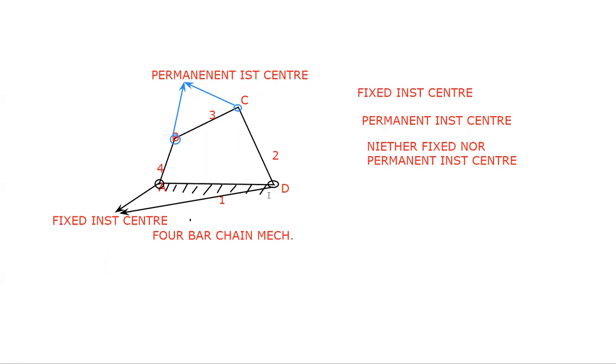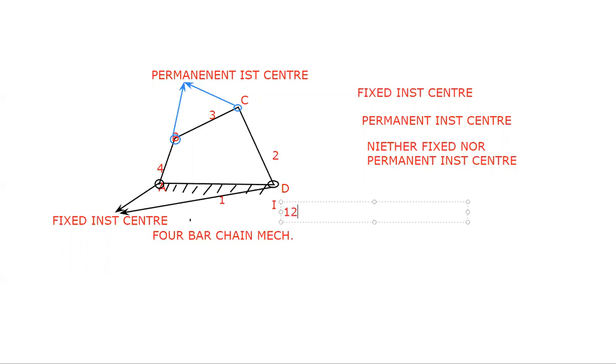So I will just write this point as capital I, and which links are meeting here? 1 and 2, because this is the first link and this is the second link. So I just write the suffix of this as 1 and 2. Suffix means it should be very small. I'll write this here.